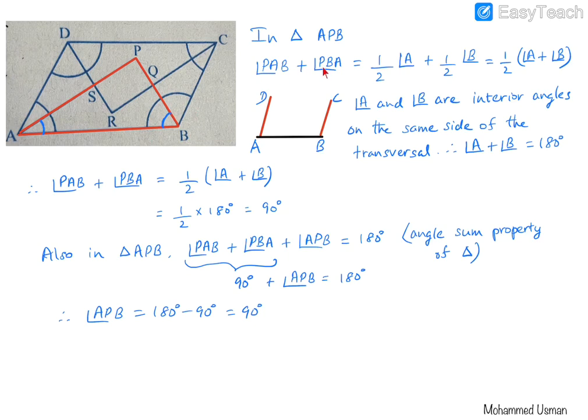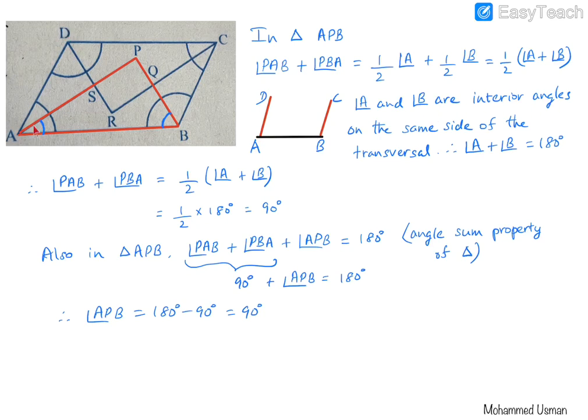So we get PAB plus PBA as half of angle A plus half of angle B. We take the half again as a common factor and we get half of angle A plus B. And again, the angles A and B here are interior angles on the same side of the transversal.